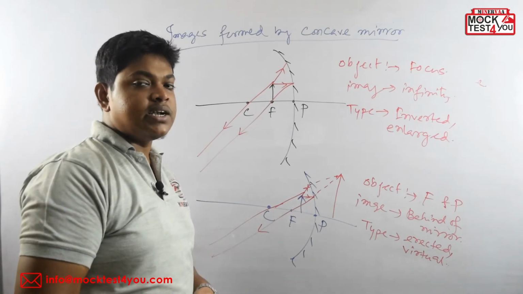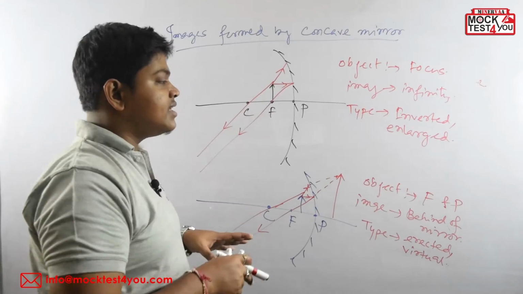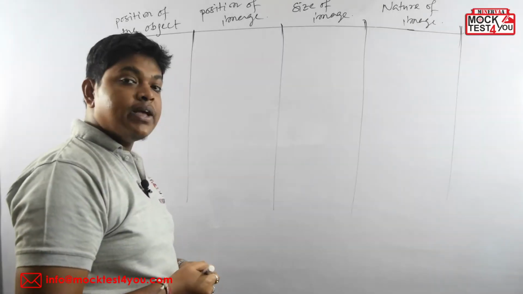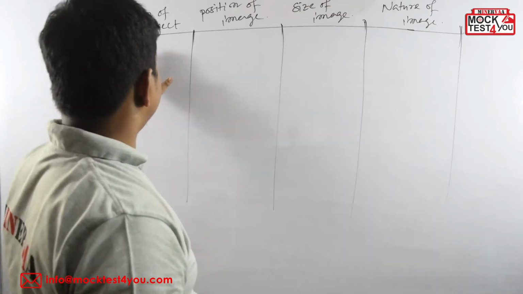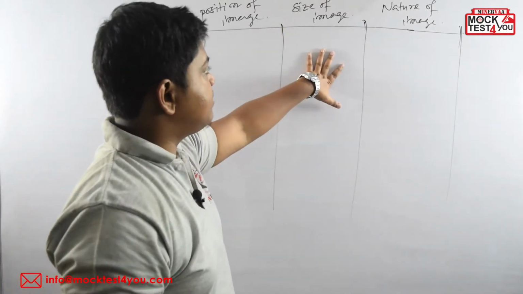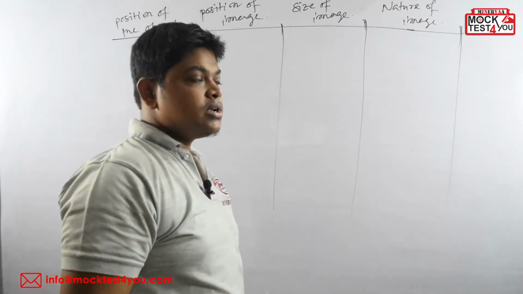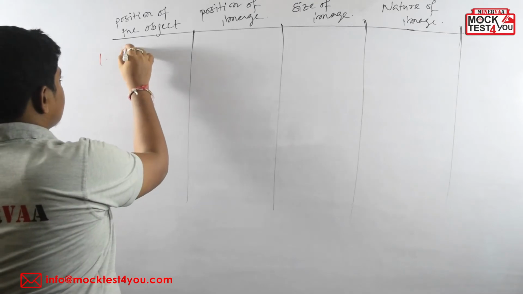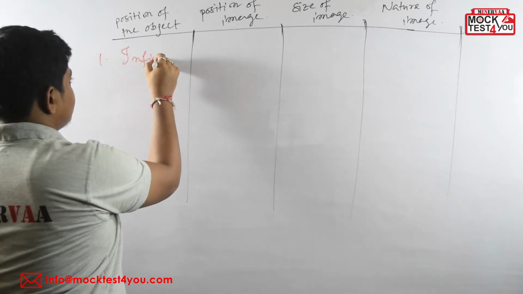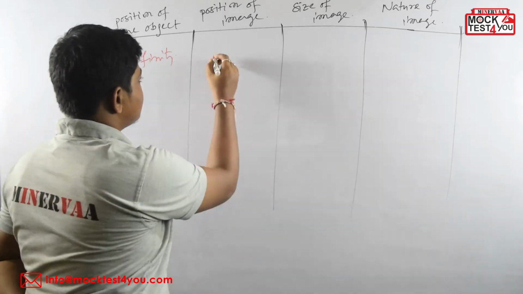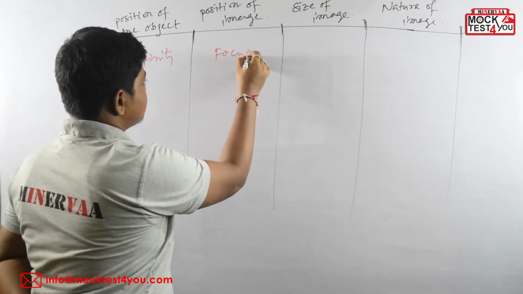Now we are making a table, so you can remember all of these things in a gist. We have made the columns: position of object, position of image, size of image, and nature of image. Initially, we had placed the object at infinity, right? The position of image is at focus.